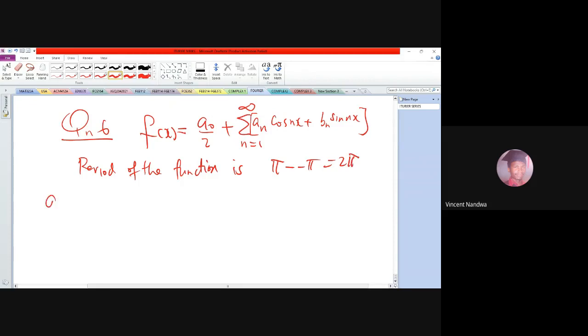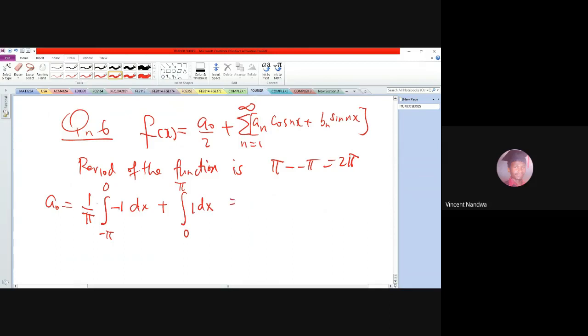So therefore, a0 would be 1 over pi times the integral from minus pi to 0 of minus 1, plus the integral from 0 to pi of 1 dx.